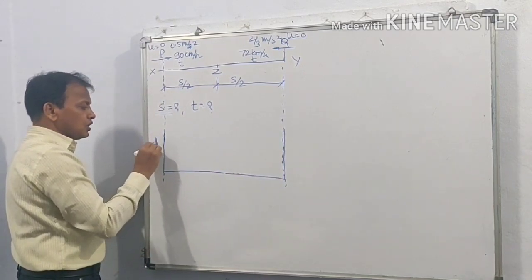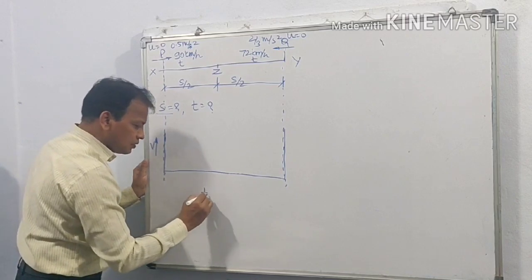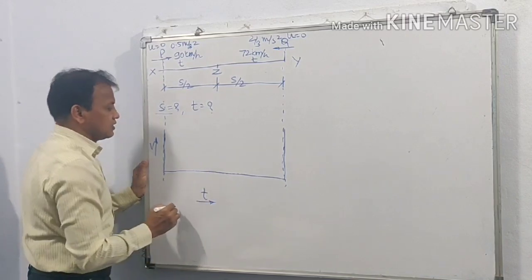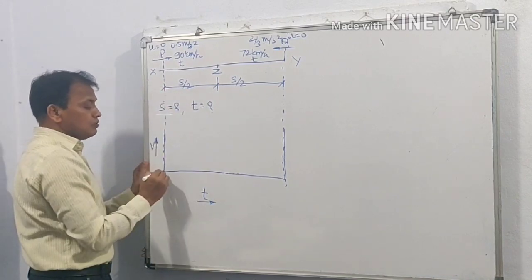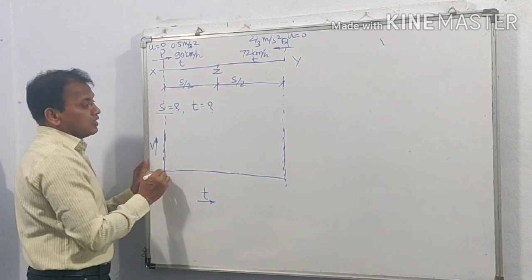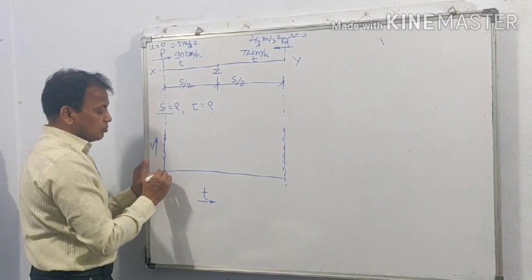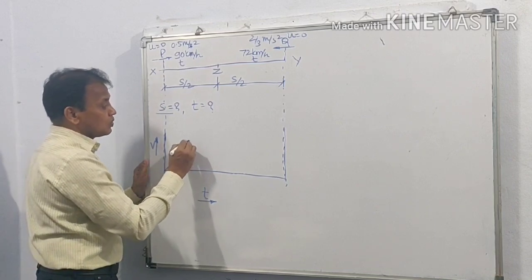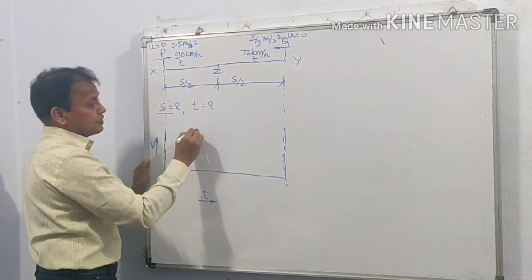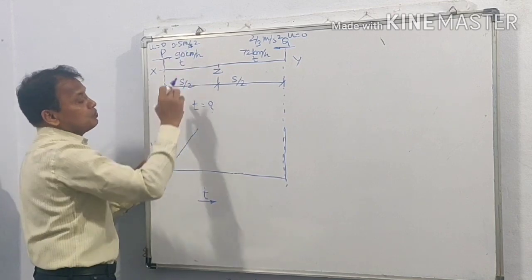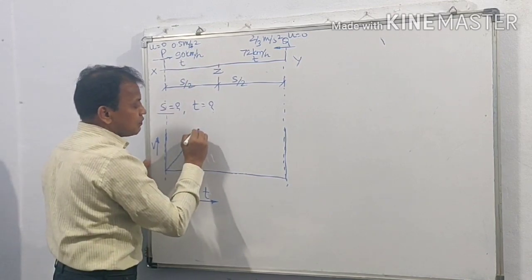Velocity we are plotting along y-axis, time along x-axis. So initial velocity is 0. It is accelerated with acceleration 0.5 meter per second square till it attains velocity of 90 km per hour.